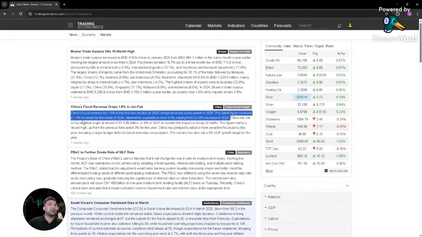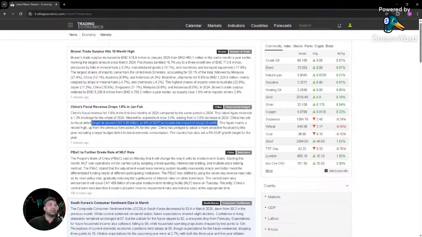China has set its fiscal deficit target around 5.66 trillion, and 4% of GDP, to counter the impact of the rising tariffs. So it's an overall economic thing that the fiscal deficit is around 5.66 trillion, with 4% of GDP, and they want to reach 5%.